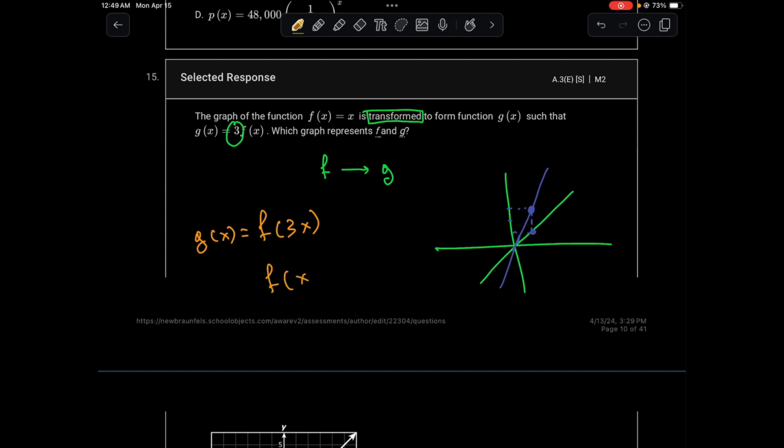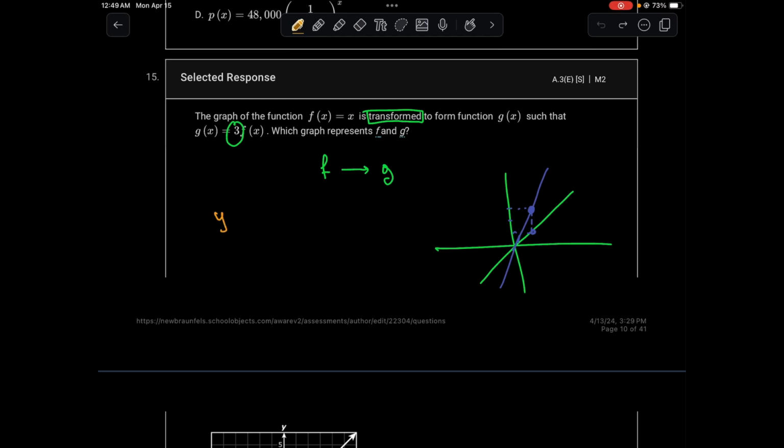Now what if it was x plus 3? Then it would be a shift, but you wouldn't go to the right, you would shift to the left. And if it was x minus 3, then you would go to the right. Okay, that's because the x coordinate doesn't follow common sense, as opposed to the y coordinate.